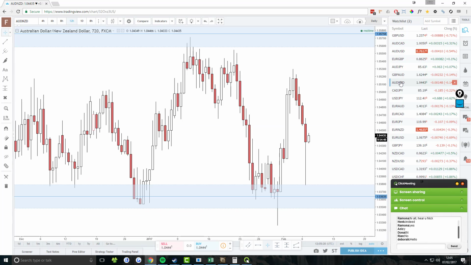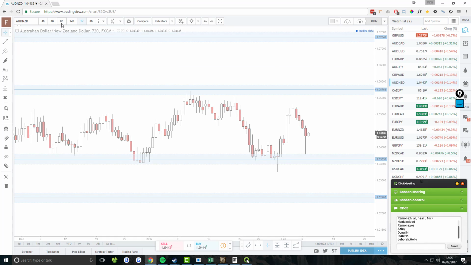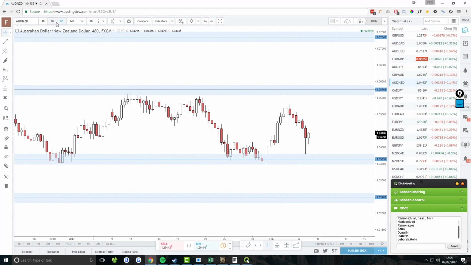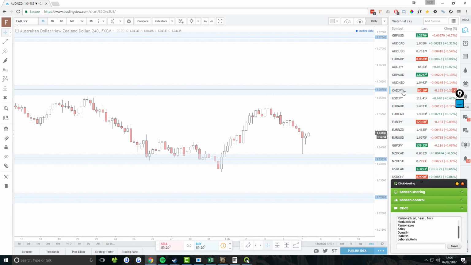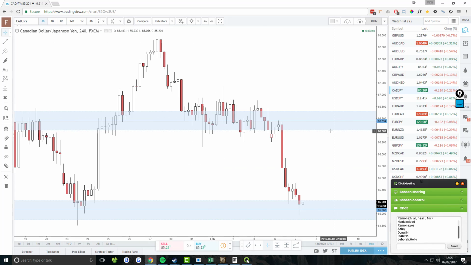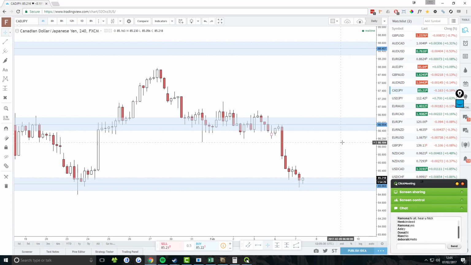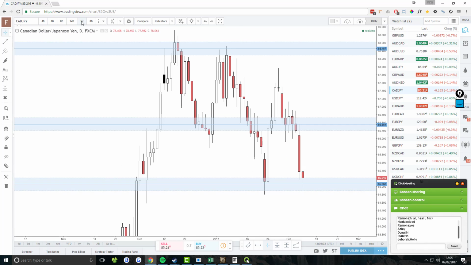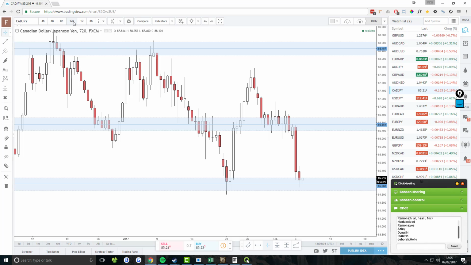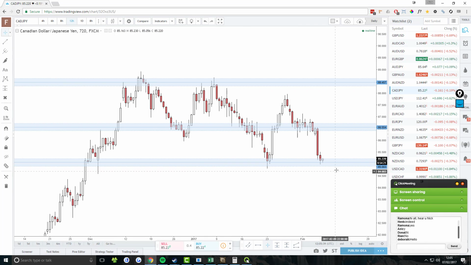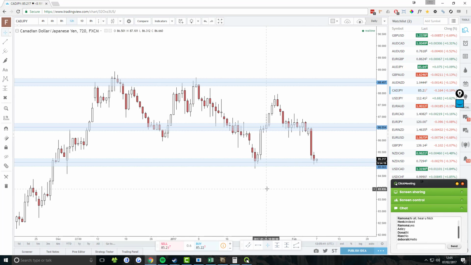AUD New Zealand, what's up with that? In between two areas. Nope. CADJPY. Ooh. Loads of potential setups today, hey? Not a big fan of CADJPY, to be honest.